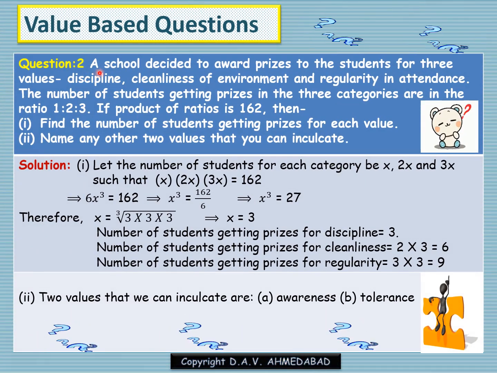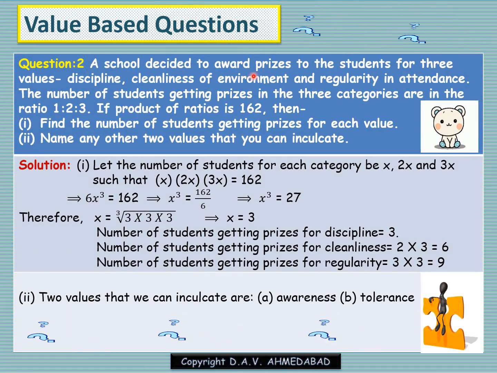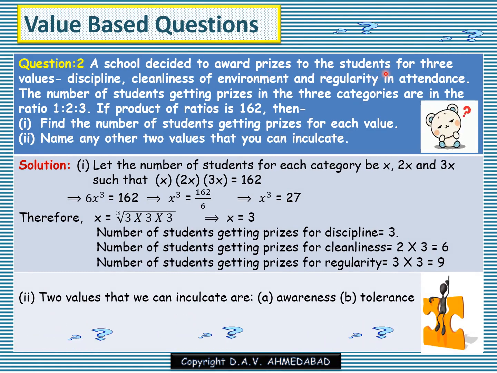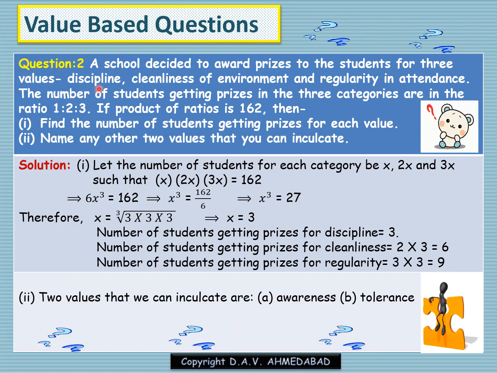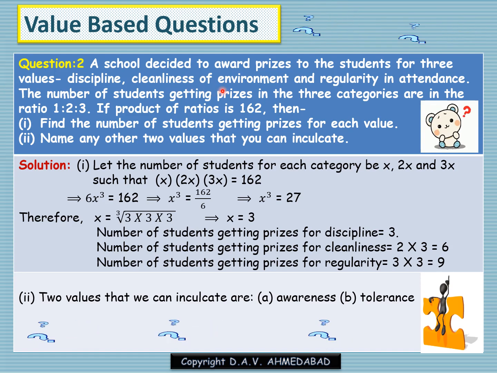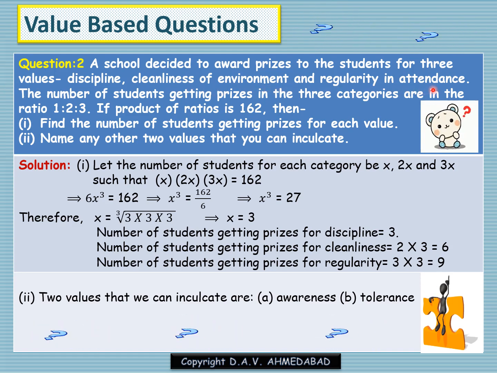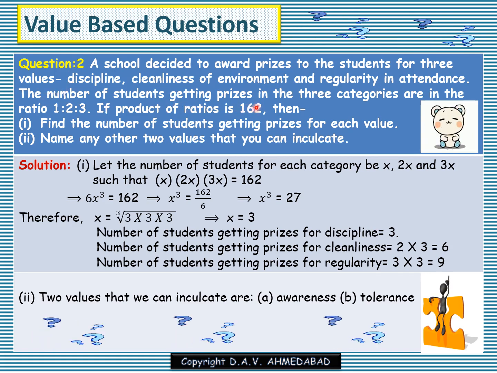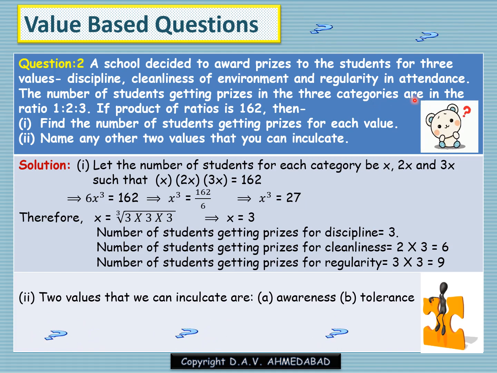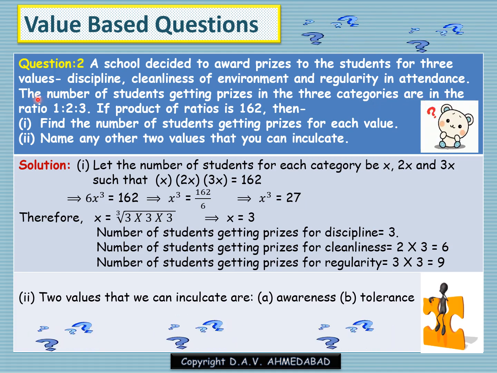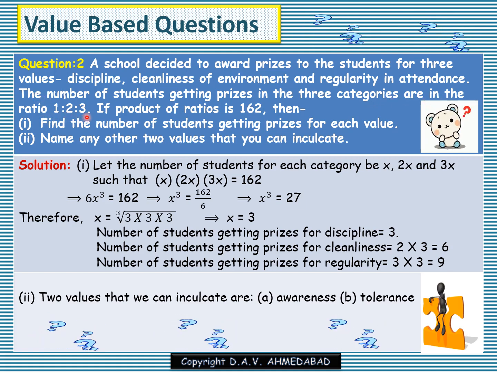Second question is, a school decided to award prizes to the students for three values: discipline, cleanliness, and regularity in attendance. The number of students getting prizes in each of the three categories are in the ratio 1:2:3.